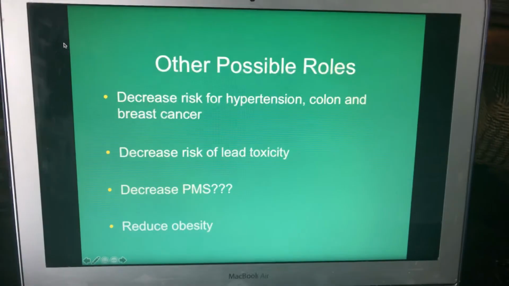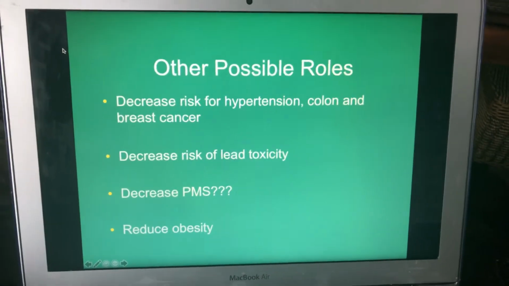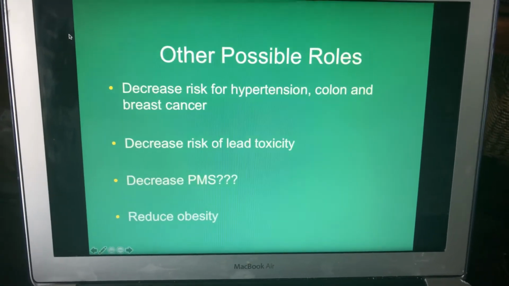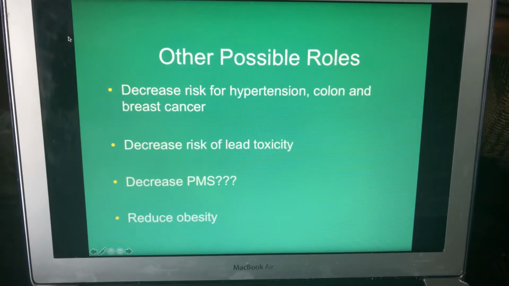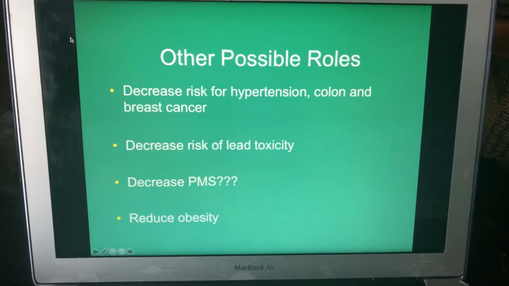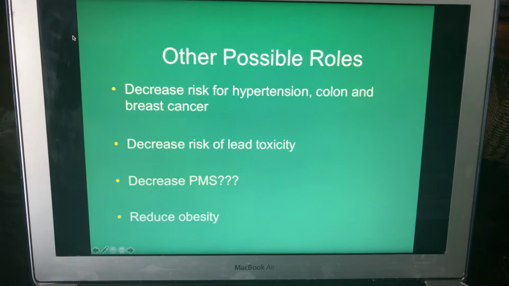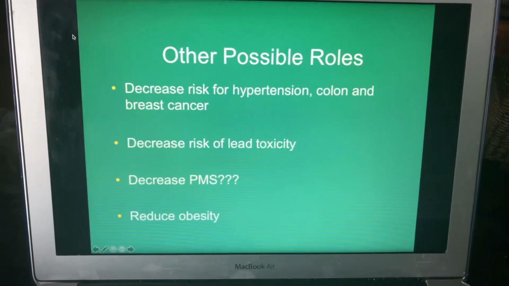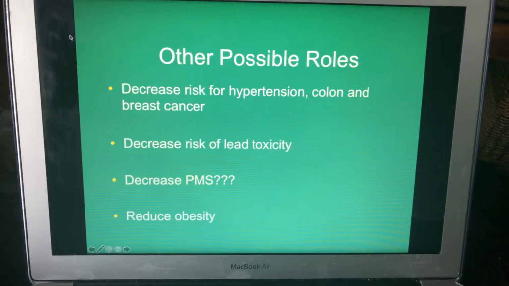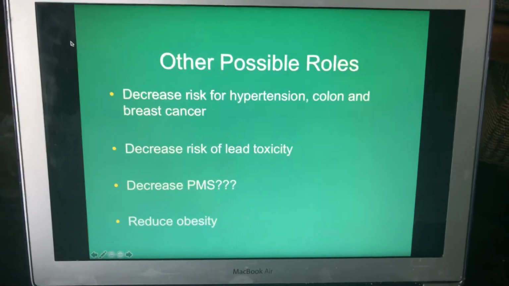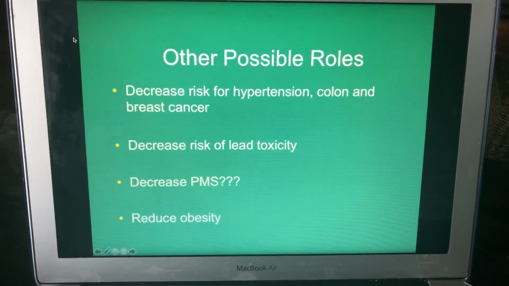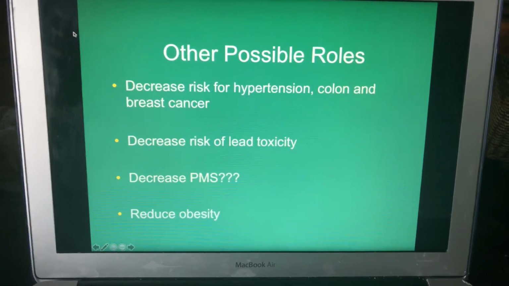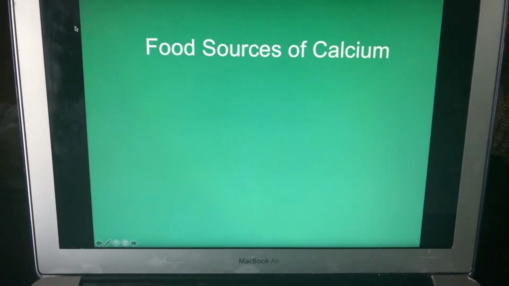That's really questionable. I almost took that out. And then as far as reducing obesity, that's kind of gone by the wayside, but for a while there were a lot of studies published showing an inverse relationship between calcium or dairy intake and body fat. But when they were implying that you could start consuming more calcium to lose weight, that just didn't pan out.